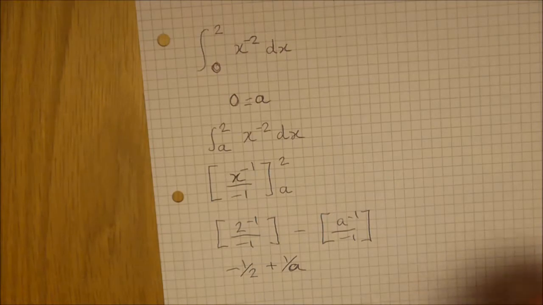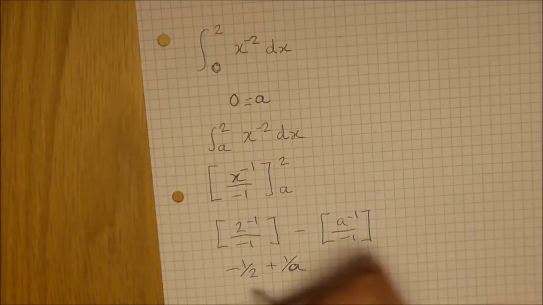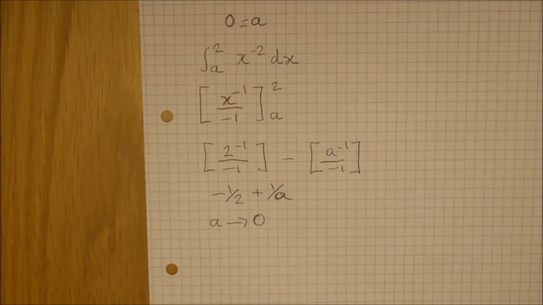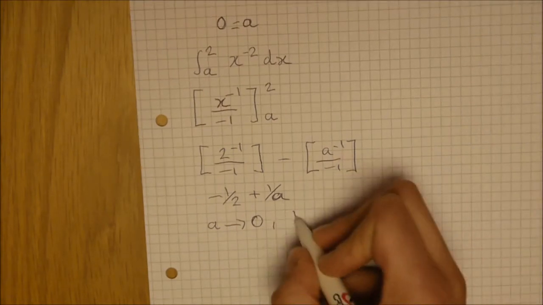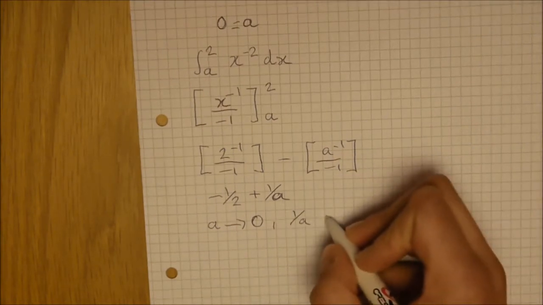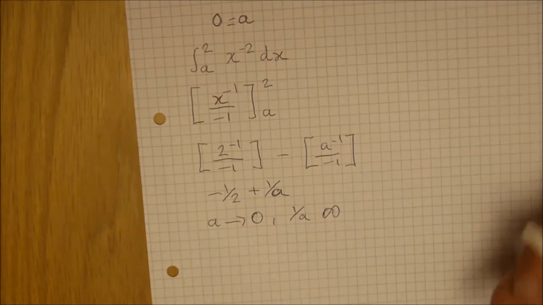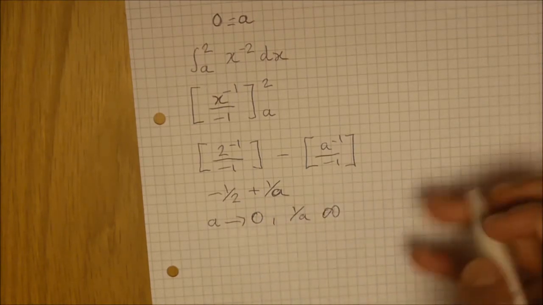Now obviously this isn't an answer because you've still got to deal with a, but we can write a tends to 0, in a very similar way that we wrote h tends to 0 in the video on differentiation proof. We can just write a tends to 0, and therefore 1 over a is infinity because it's 1 over 0 and you can't do that, and therefore we can say that the integral is undefined.